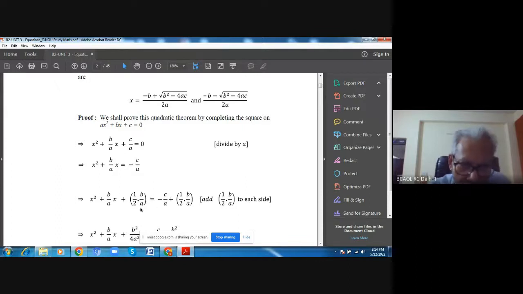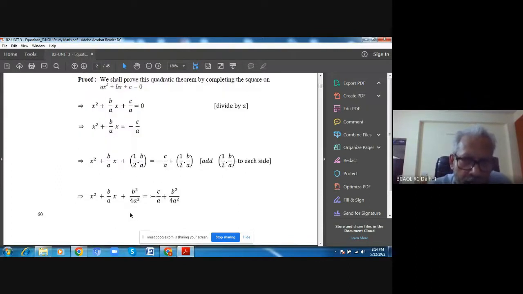Then make a formation. Now after that, you can square these things. So minus c by a, and this portion is also b square over 4a square, and it is also a squaring. After that, squaring also.